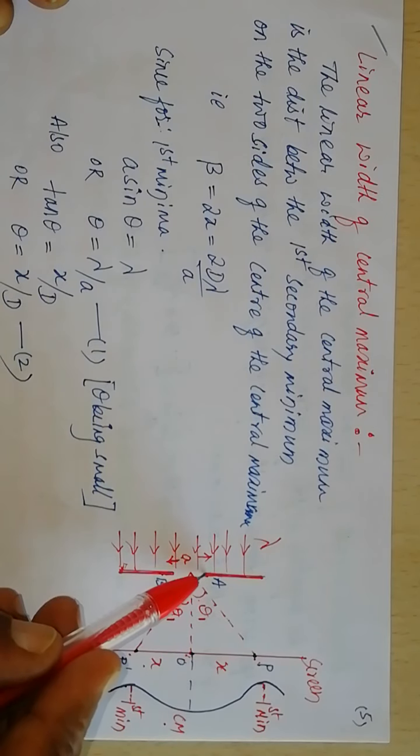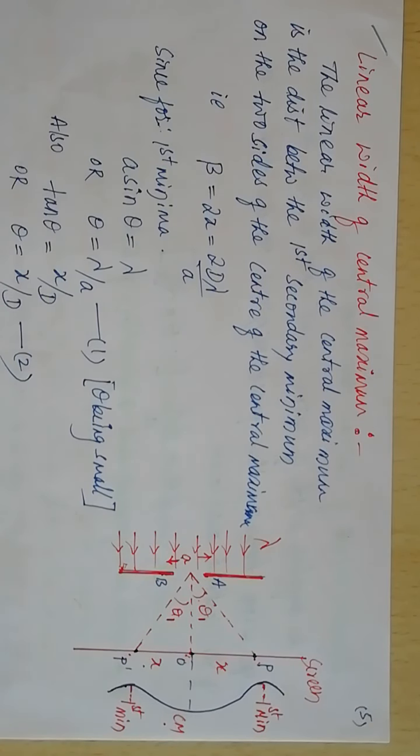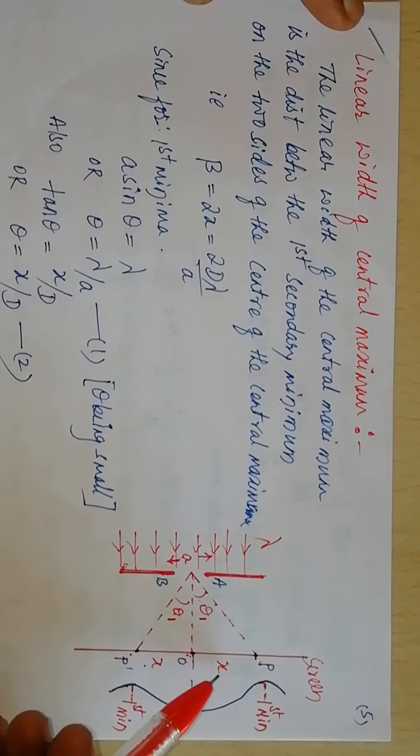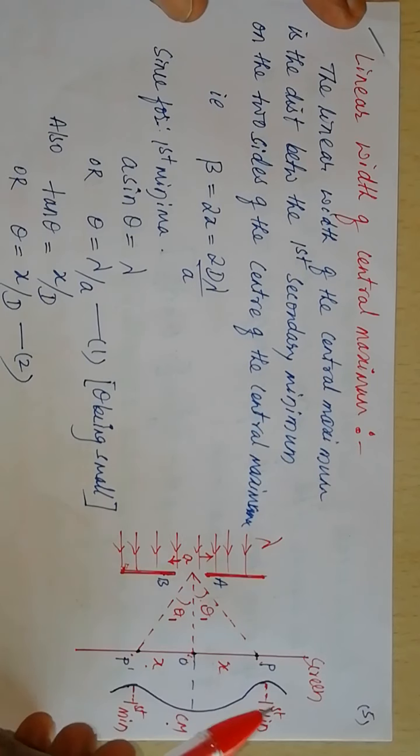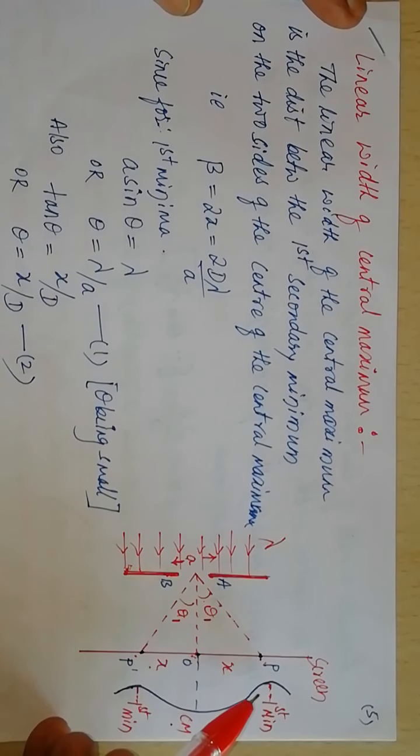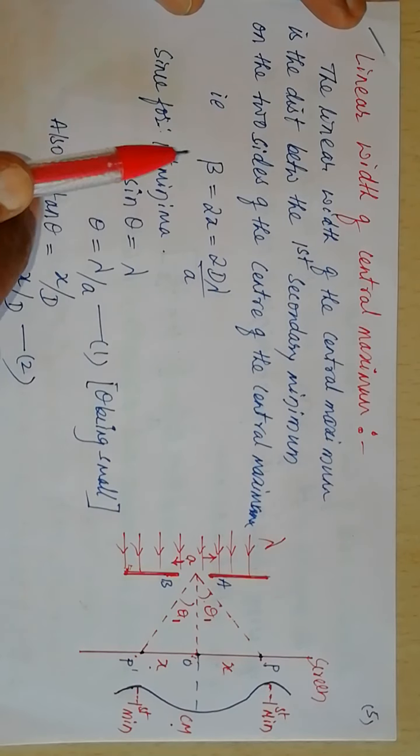Small a is the width of the slit. So x plus x, that is 2x, is the linear width of the central maximum denoted by beta.